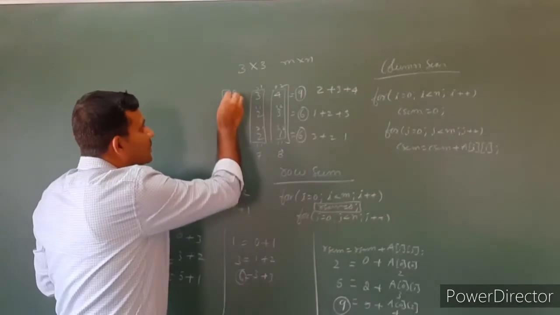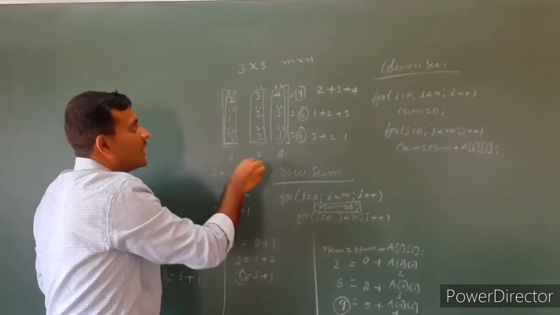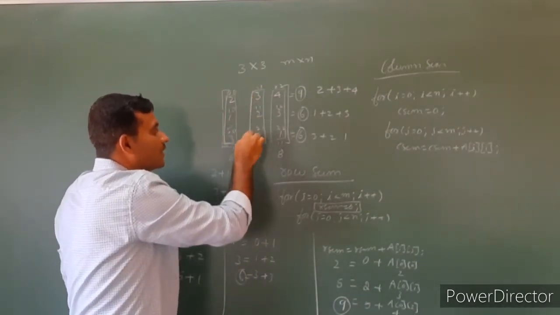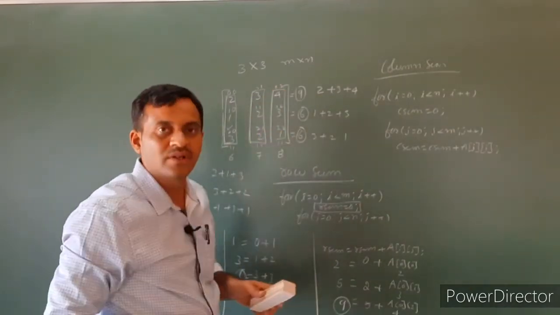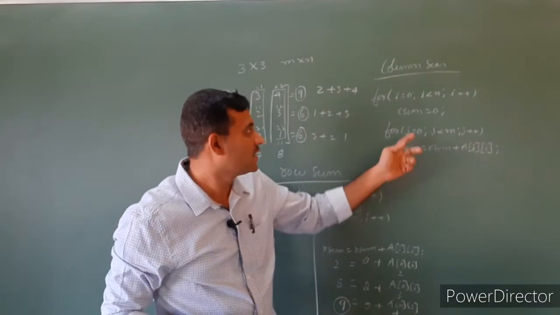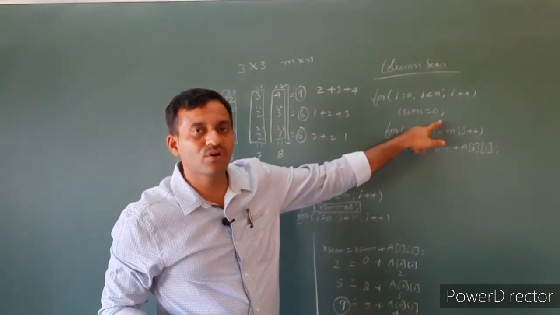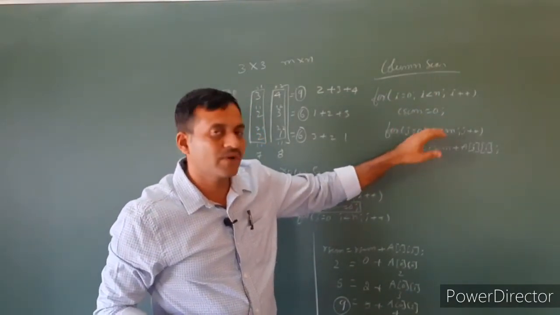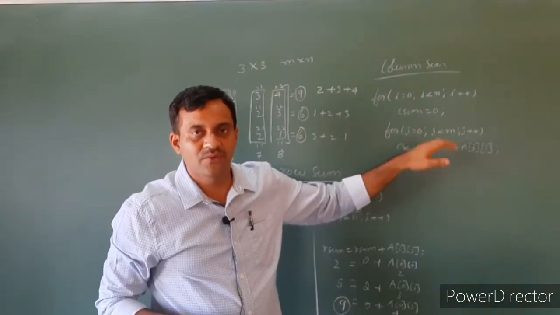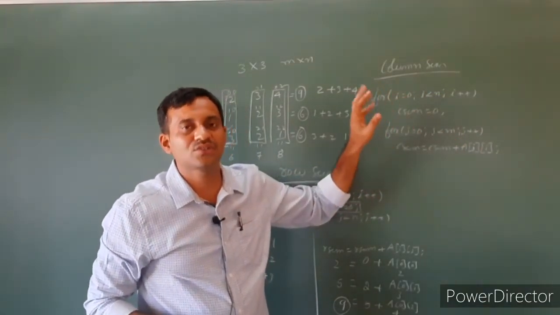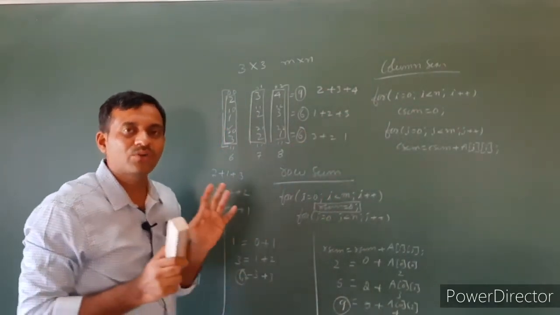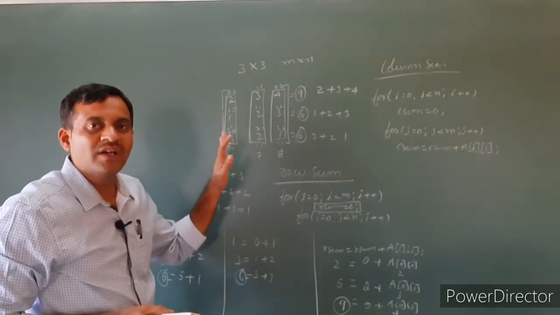After accessing all the elements of the first column, again we have to access the second column, then we have to access the third column. Hence, here we initialize C sum equals 0 when the inner for loop terminates. If it terminates, the outer for loop is incremented, then it is initialized to 0, because we have to find the sum independently.